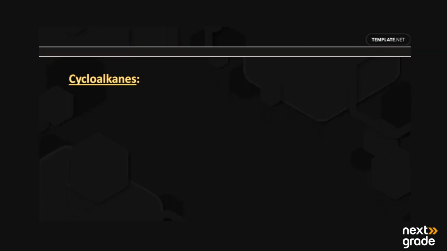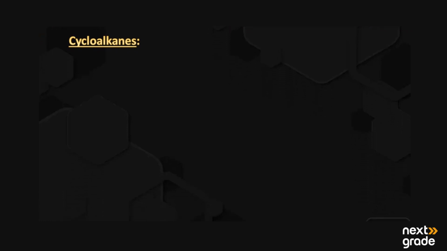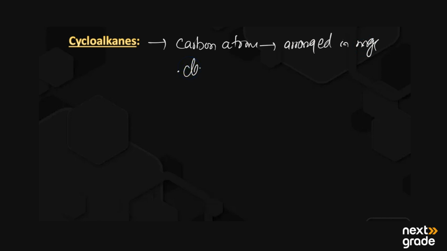Next we have the cycloalkanes. Cycloalkanes are alkanes in which the carbon atoms are arranged in rings, forming closed chains, so they are known as cycloalkanes.